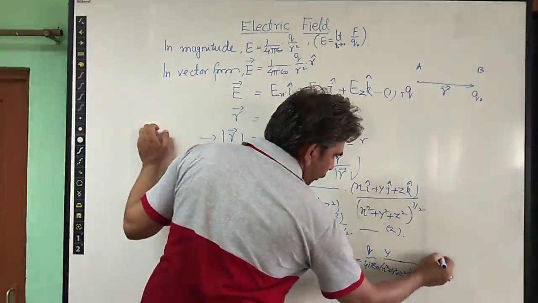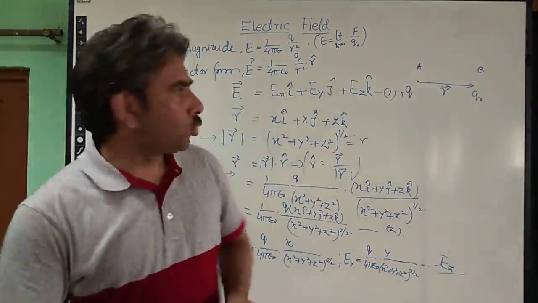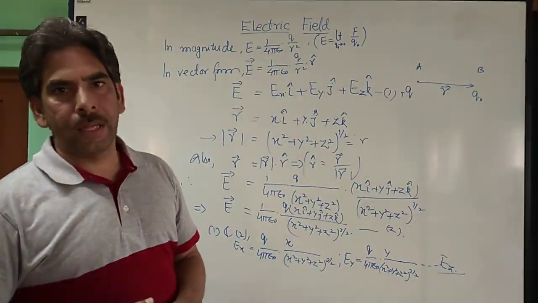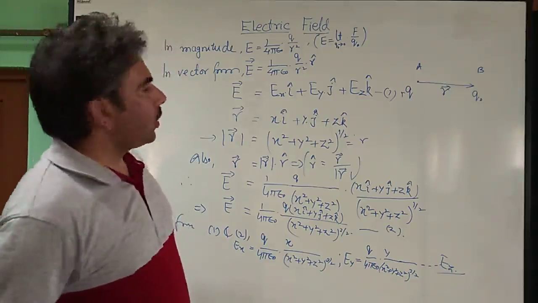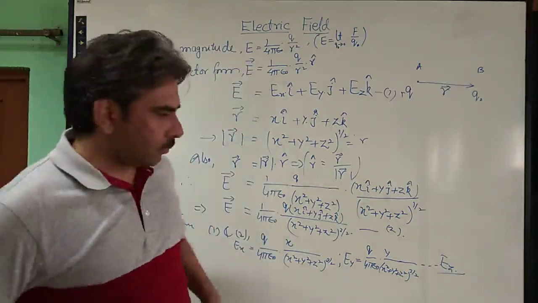And similarly you can write the z component. So this is simply how we represent the electric field into its components, right? Okay, now we can write the expression for the electric field due to a discrete distribution of charges.